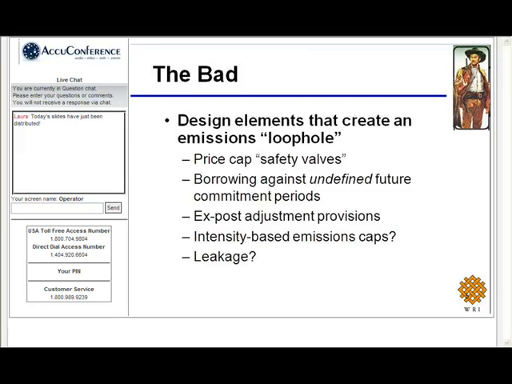So if you allow participants in your system to essentially borrow allowances from future commitment periods, and the targets have not been set for those commitment periods, the risk is that when it comes time to set those targets, the amount of borrowing would be a factor in a decision about where to set the target. You might set your cap higher than you otherwise would have without the borrowing, and that could undermine environmental integrity. If you had that in one system and not another, that could be a potential deal breaker.